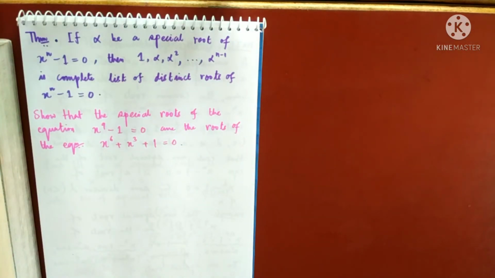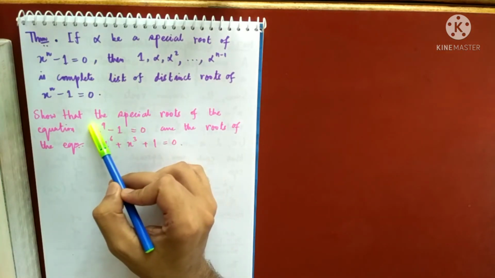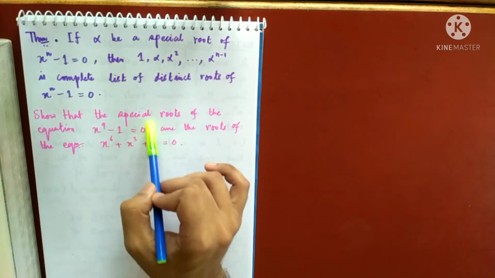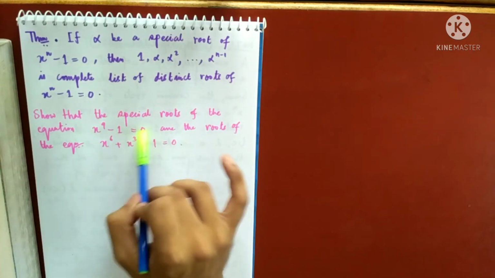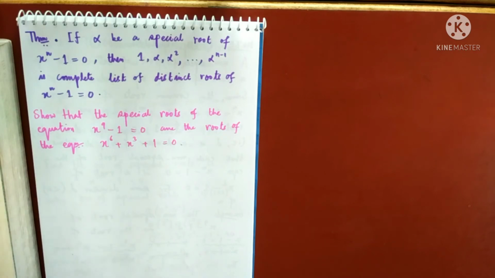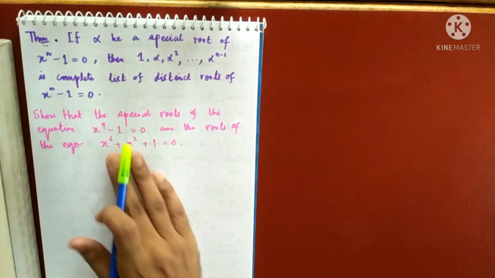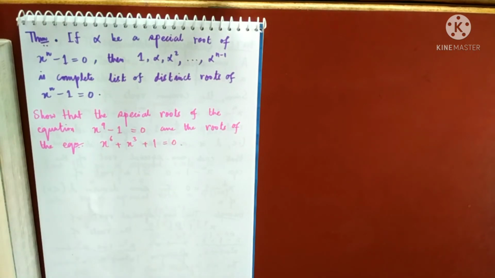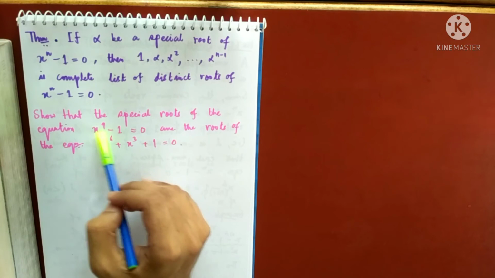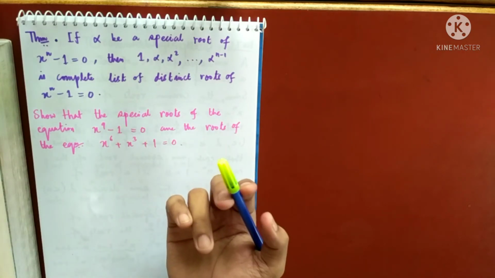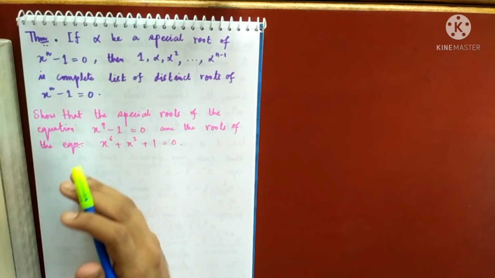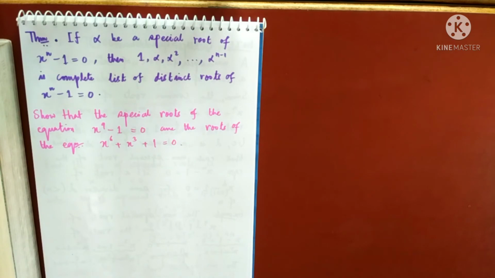Okay, before doing the solution, can you tell me how many special roots this equation has? A few minutes back I also told you that this will have how many special roots? 9 special roots. What is 9? It is 6. Okay.